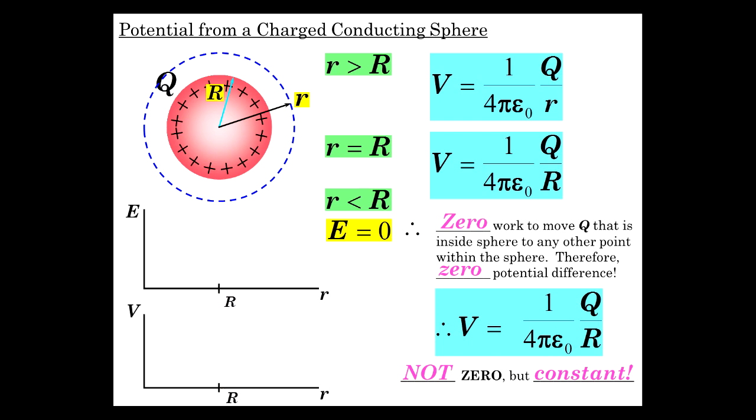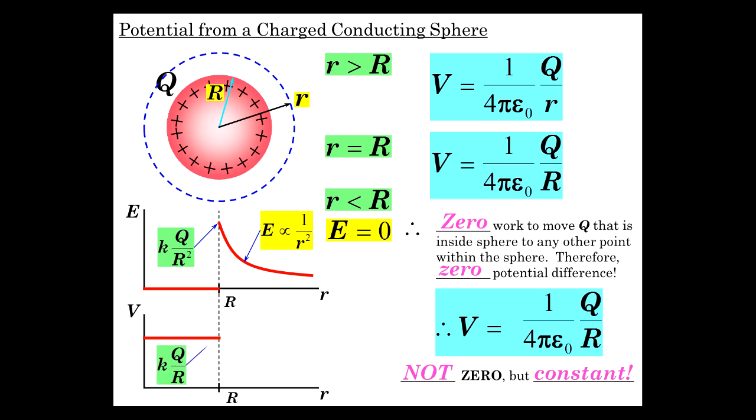Now we are ready to graph the electric field and voltage. So let's go ahead and graph the electric field. That's easy. 0 from 0 to R, and then it follows an inverse square law after that. So kQ over R squared is the initial value outside the sphere, and then inverse square. Potential, we have a constant value, not 0.